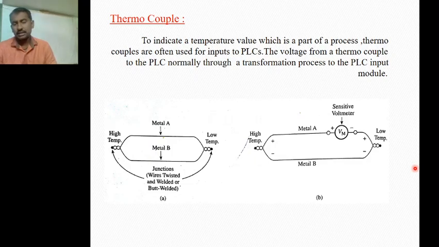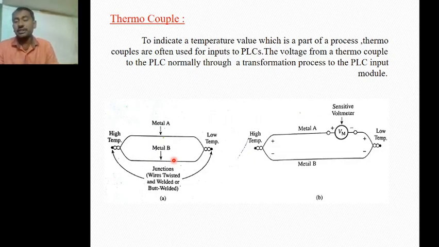At the end of one side we put a meter. The two metals have different temperature coefficients: the temperature coefficient of metal A is one value, and that of metal B is another. As the two temperature coefficients are different, a potential difference will appear at the junction of the two metals.